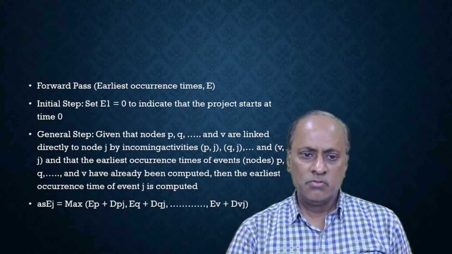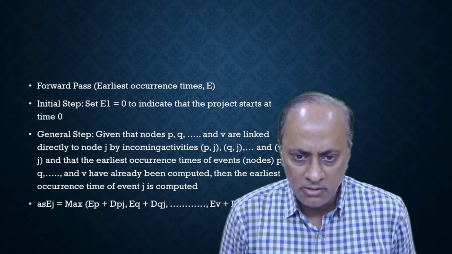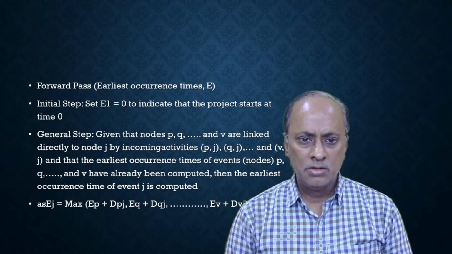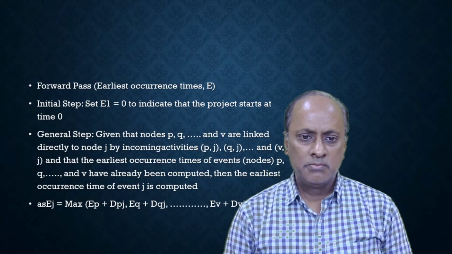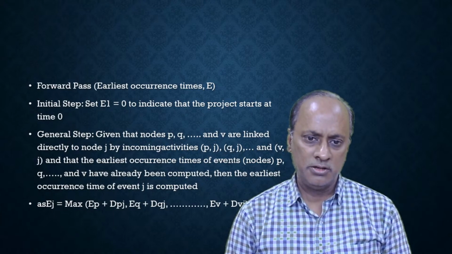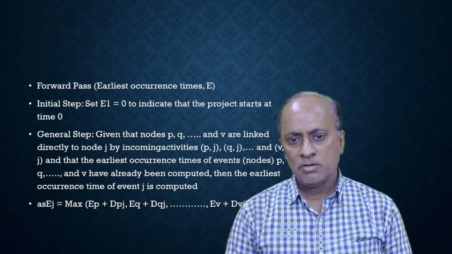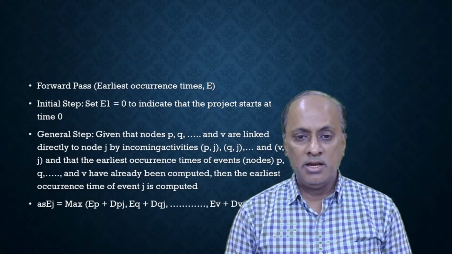So the first rule in the forward pass method: an activity which does not have any predecessor has an earliest start time of 0, and the earliest finish time is the earliest start time plus the work duration. Then we look at the activities which have one predecessor activity. Suppose A is the predecessor of B. That means B can be started only when A is completed.